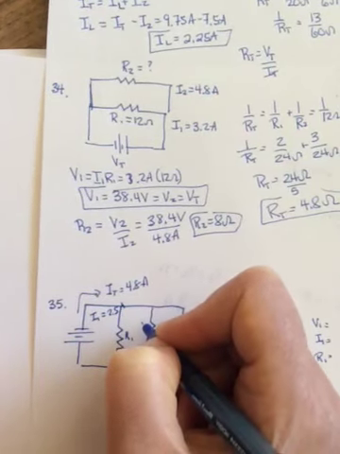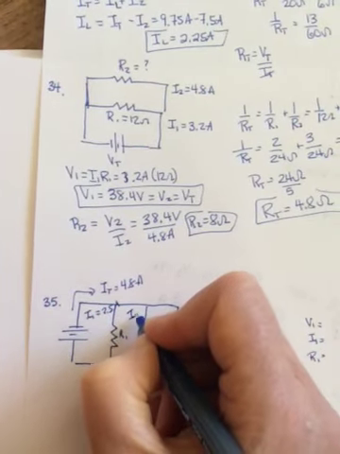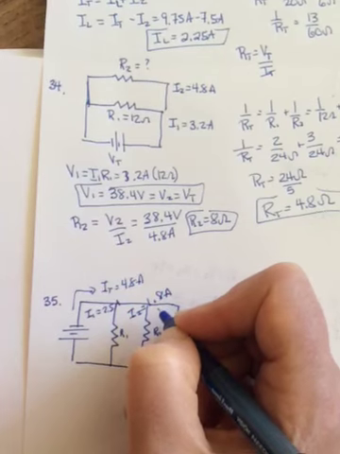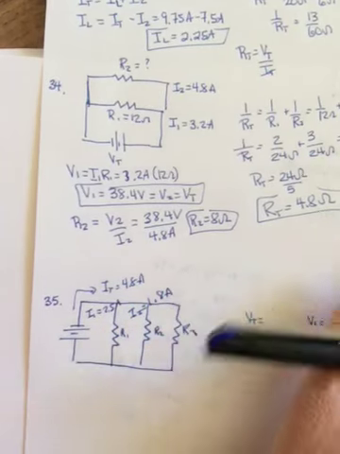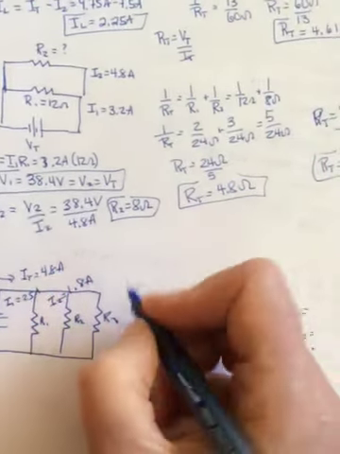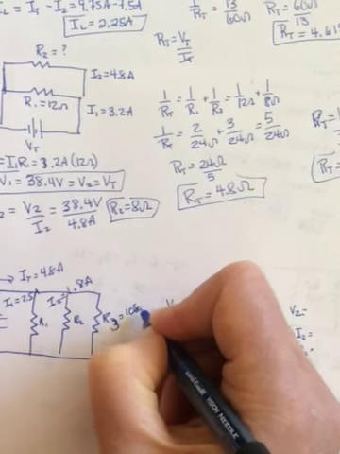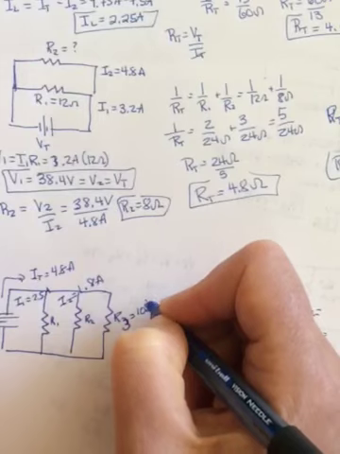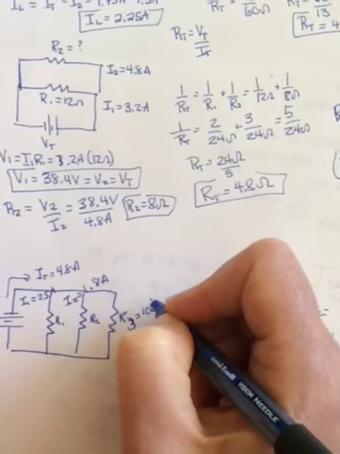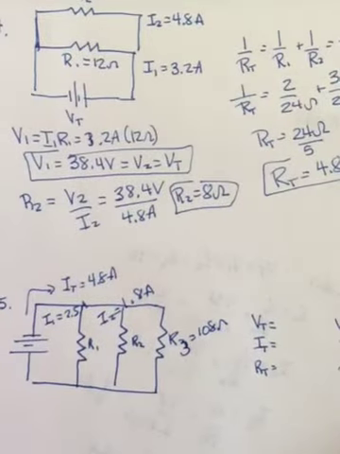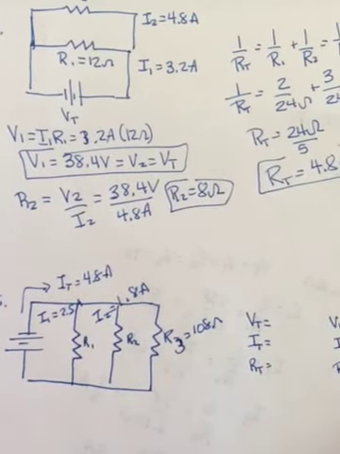The current through the second one is 1.8 amps, so I2, 1.8 amps. And the resistance of the third one is 108, so R3, 108 ohms. Calculate the equivalent resistance.